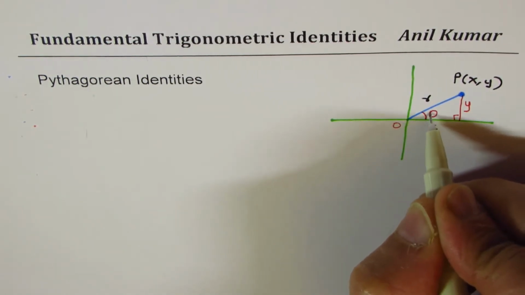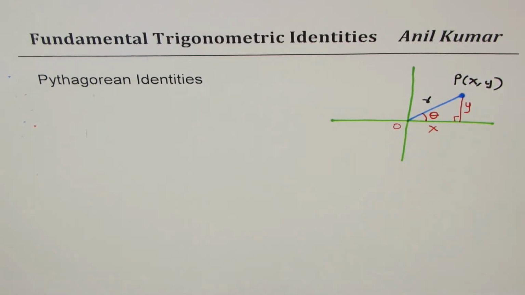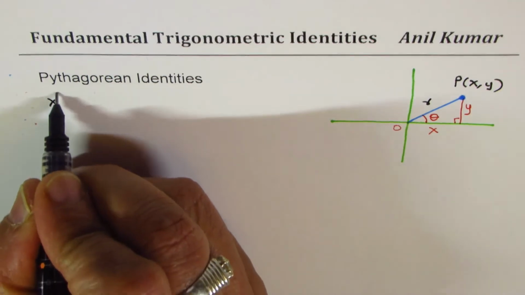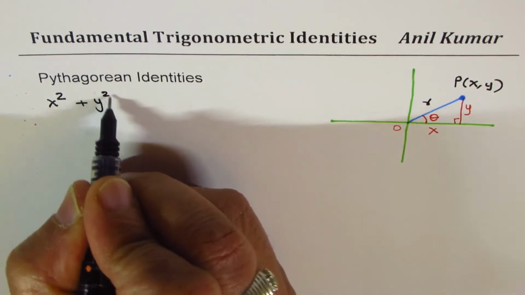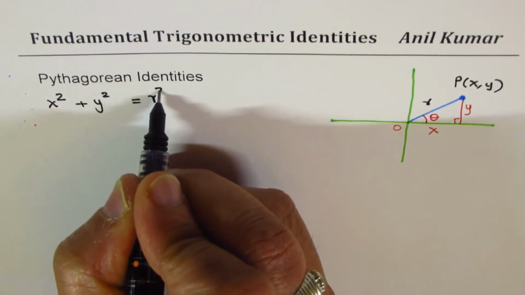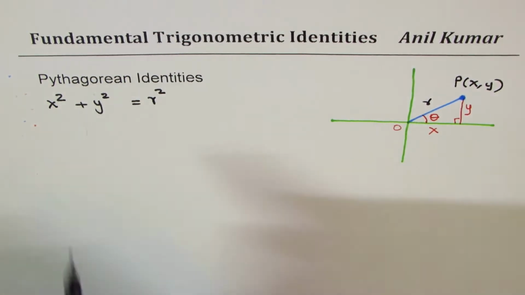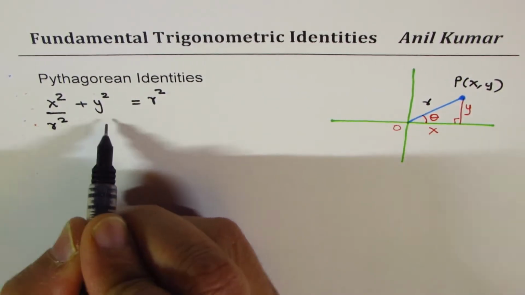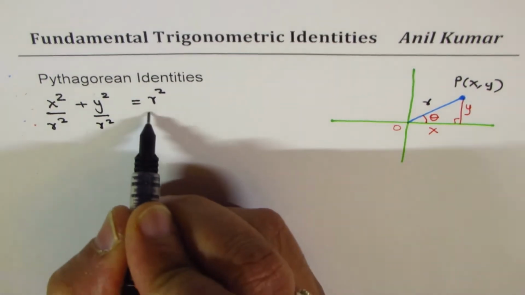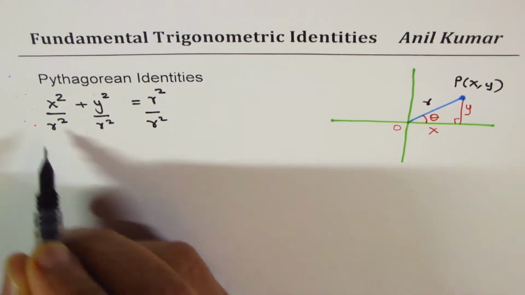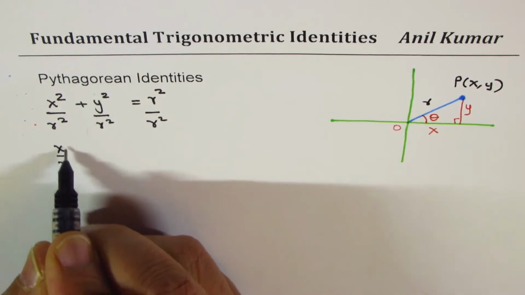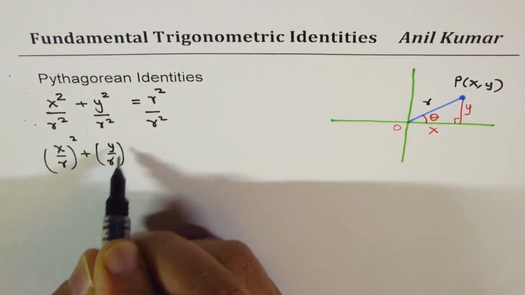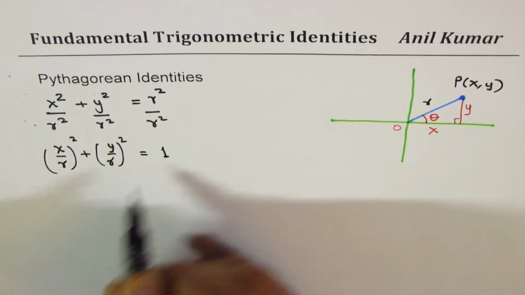If the angle is theta here, in that case, we can write x square plus y square as equals to r square, right? Using Pythagorean theorem. Now if I divide each term by r square, then what do we get? We get x over r whole square plus y over r whole square equals to 1.